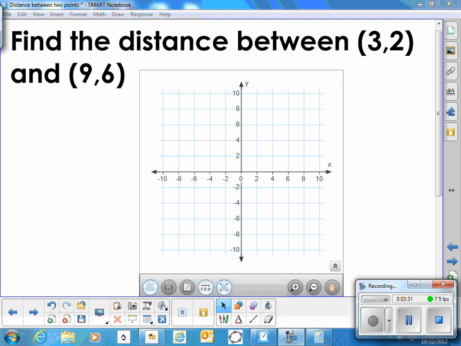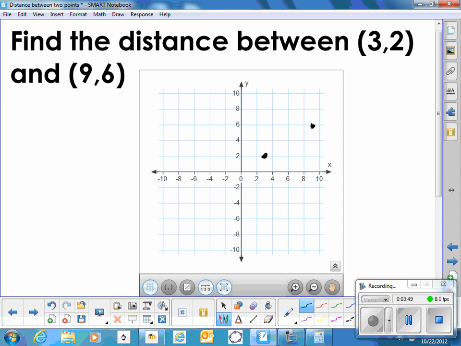So let's do this particular problem, and let's put the points on a graph just so we can see visually what's going on. So if I went over 3 and up 2, that point is right there. Over 9 and up 6, that point is right there.